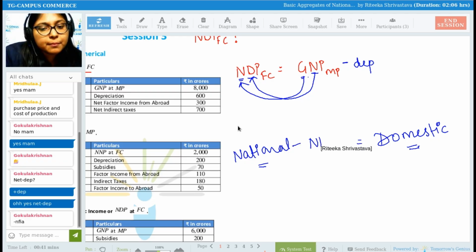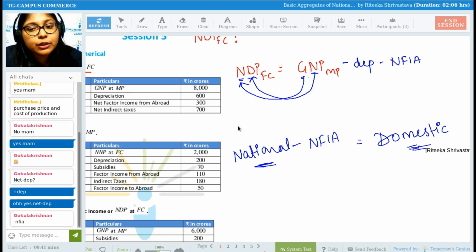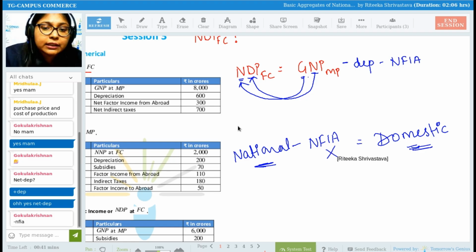You have to do minus NFIA. Minus NFIA, because national value is given, but you want domestic value, and we know in domestic value we don't include NFIA. So that is why we will have to do minus NFIA.